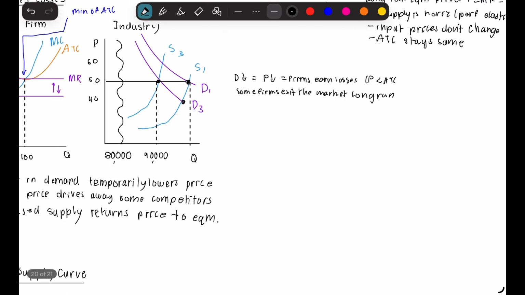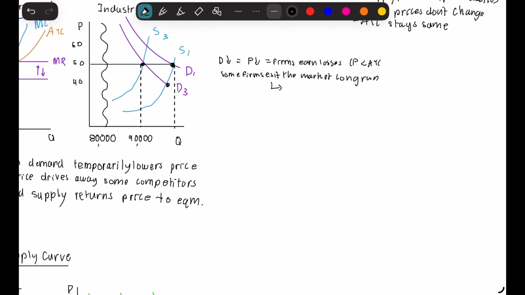When they exit, the market supply goes to the left, and when the price rises back to your ATC, your losses are eliminated and your profit equals 0.